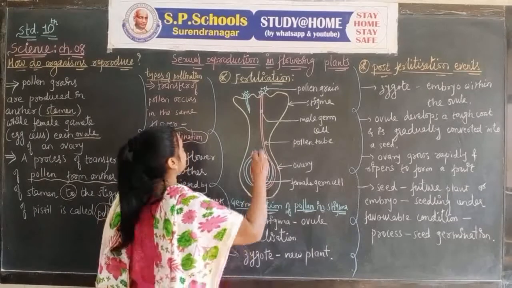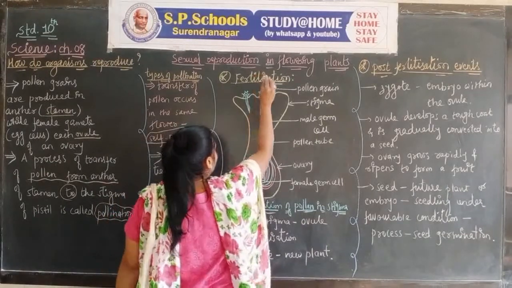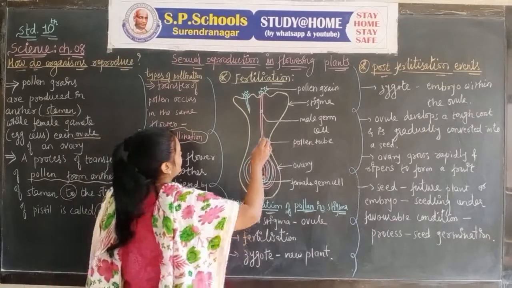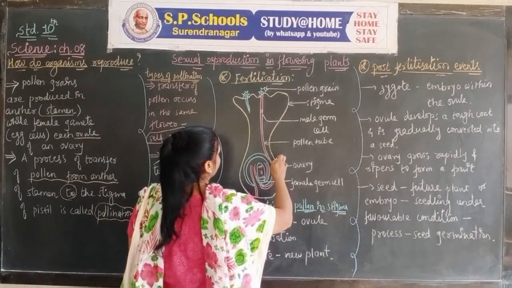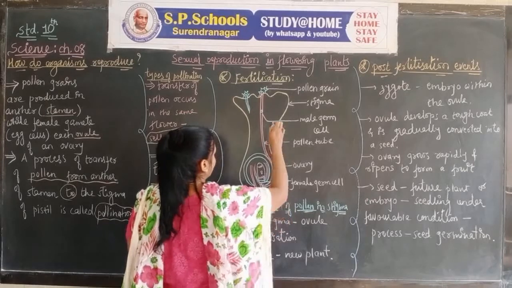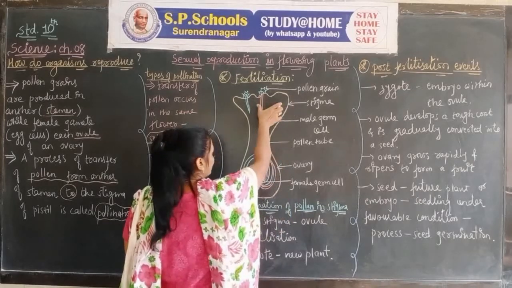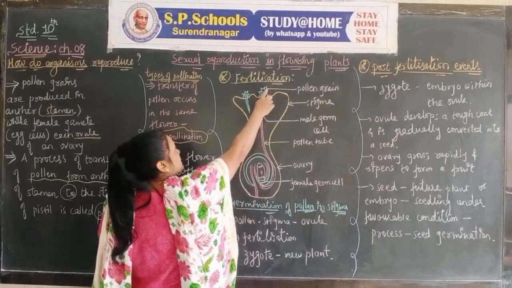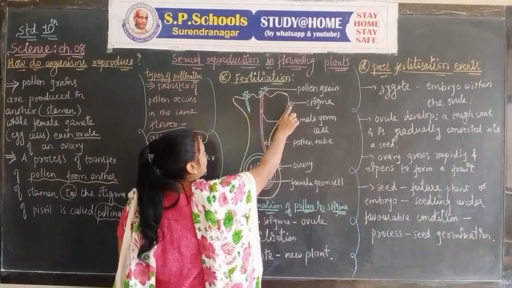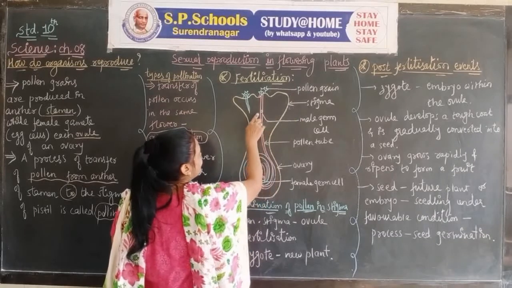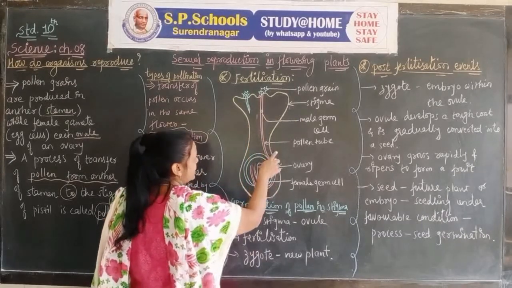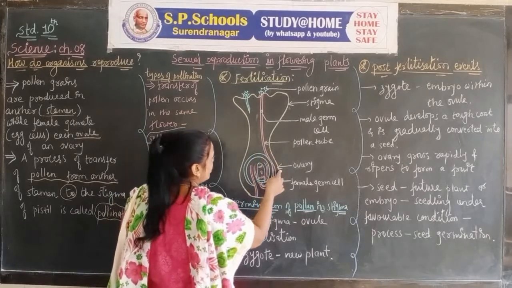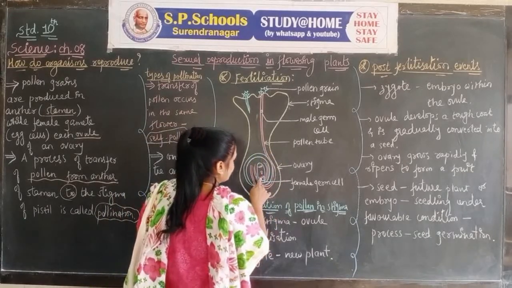When fertilization takes place, here we draw the diagram of germination of pollen on the stigma. We elongate the stigma, a large portion of the stigma, and the elongated style. First is the pollen grain, then the stigma, and the male germ cell is transferred with the help of the style, the pollen tube, to the ovary, where the female germ cell is.